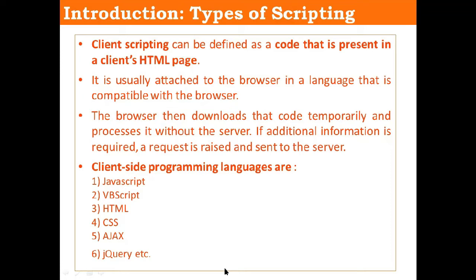Those HTML pages will have the scripting. That script will execute in the browser. It is usually attached to the browser in a language that is compatible with the browser. That will be sent by the server. Then the browser can execute those languages which are convenient or compatible with the browser.